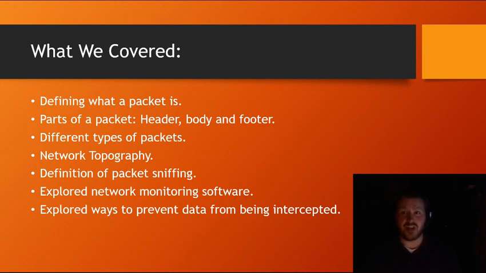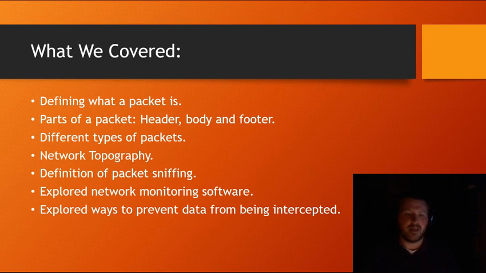All right, before we wrap up today, I just want to do a little recap. First of all, we talked about what a packet is and why they exist. Packets are broken up into three parts: the header, the body, and the footer. We also discussed different types of packets. We didn't cover all of them, but just touched on a few. I talked about some network topography and different layouts of how a network can be laid out, and most are some sort of combination.